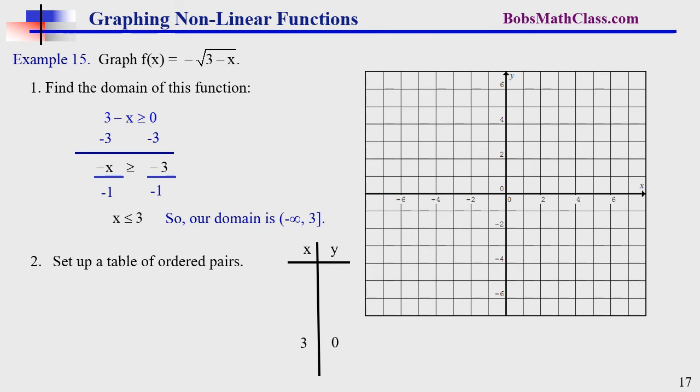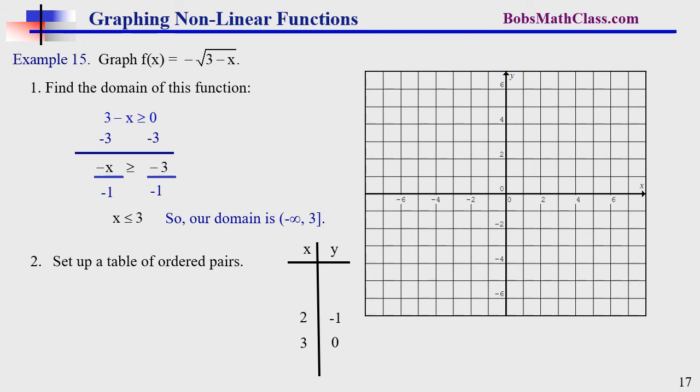All right, the next number we want to get is a 1. 3 minus what number will equal 1? That's right, 2. So let's choose 2 for x. Plug that in. 3 minus 2 is 1. Square root of 1 is 1, but there's a negative in front, so it becomes negative 1.